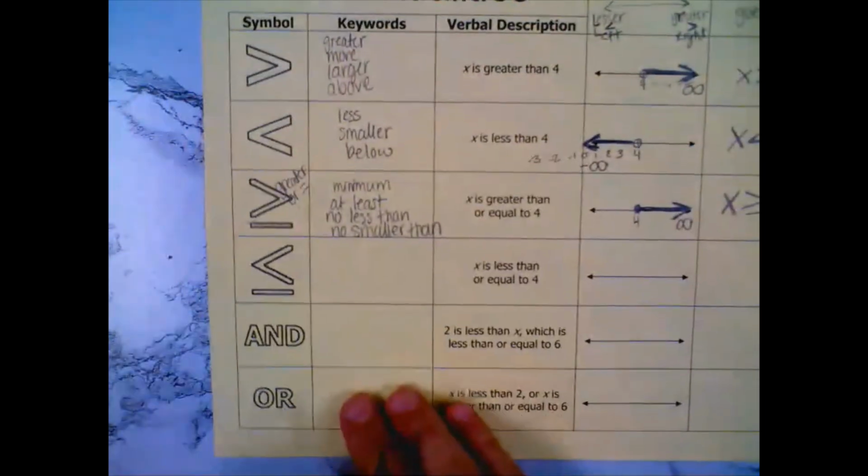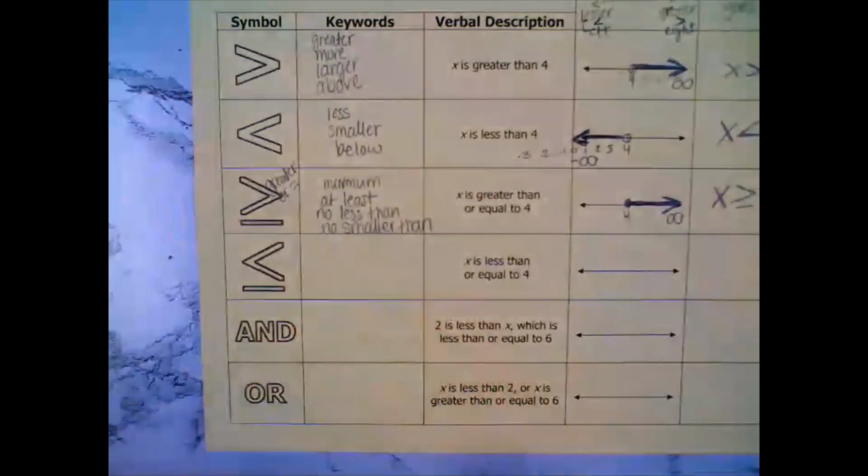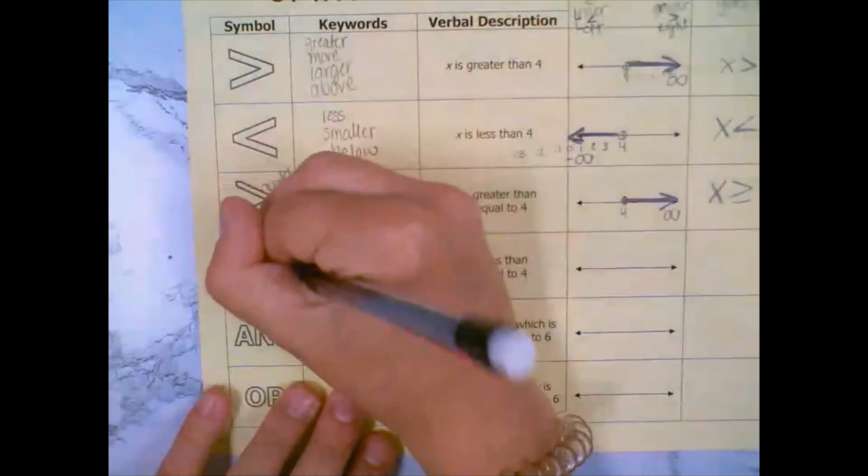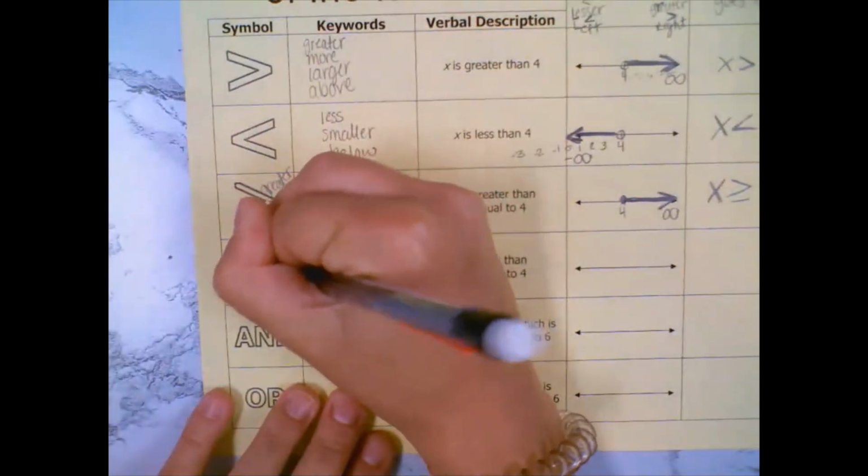All right, last one we'll talk about on here is the less than or equal to. So less than or equal to, if you want to write that in, less or equal.